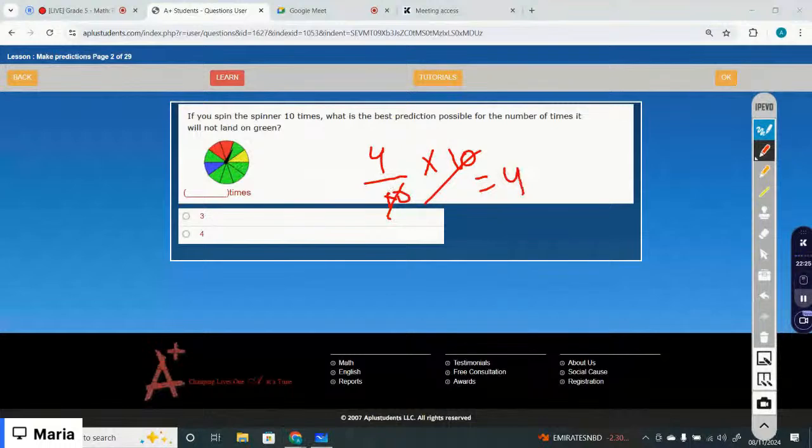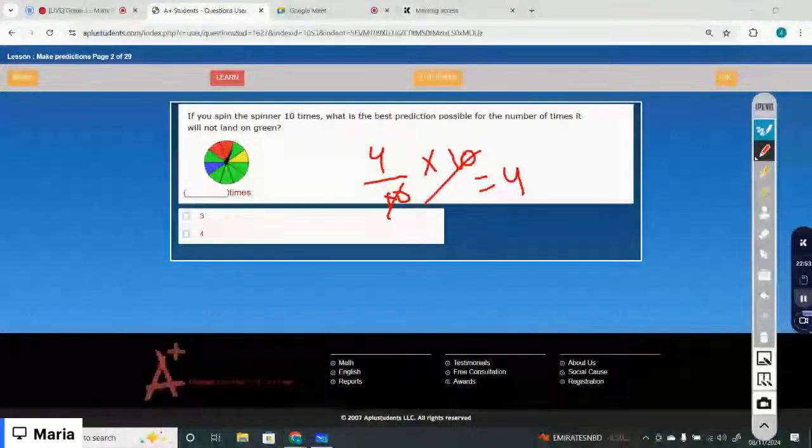You are left with 4. The correct option is 4. Option number 2 is the correct option.